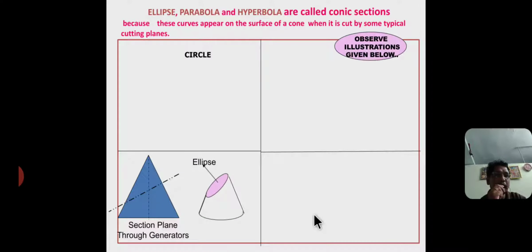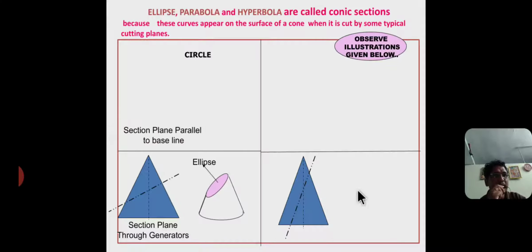In case of parabola, the cutting plane is parallel to one of its generators and it cuts the base and one of its generators, then the surface is called parabola. This cutting portion is called parabola, this portion is called ellipse.